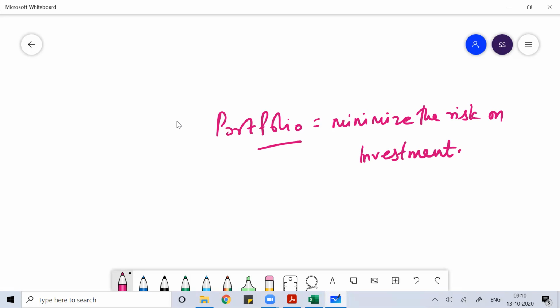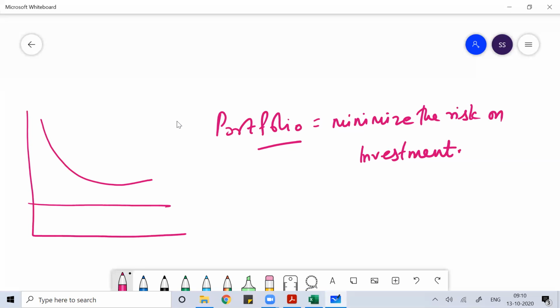You remember that in the previous classes I told you there is a form of risk which you can minimize, which is called unsystematic risk. Thereby, we want to minimize the total risk on our portfolio.